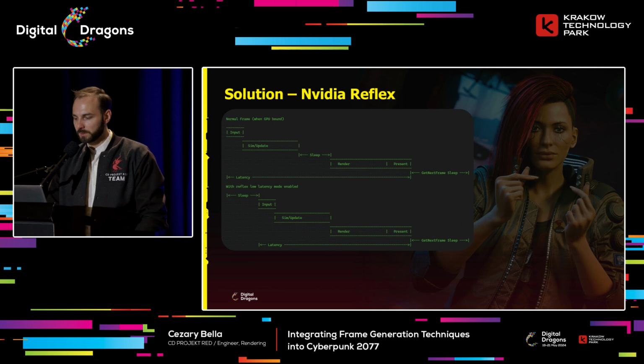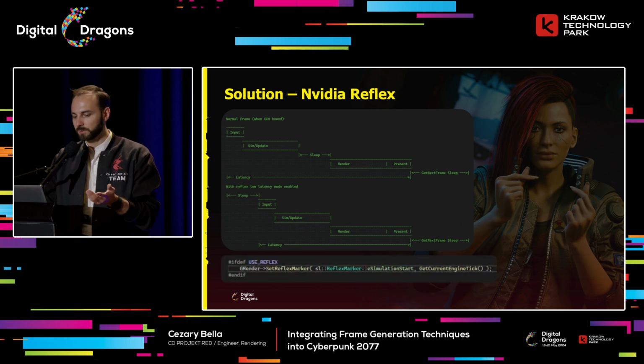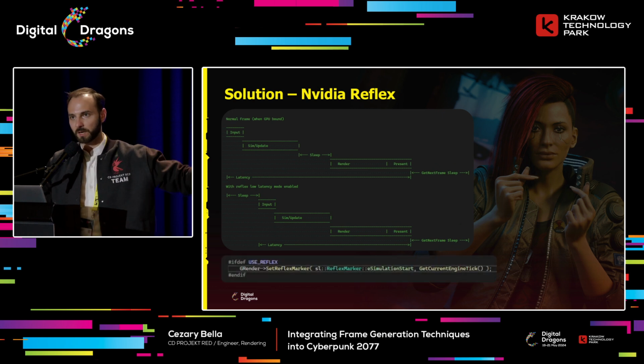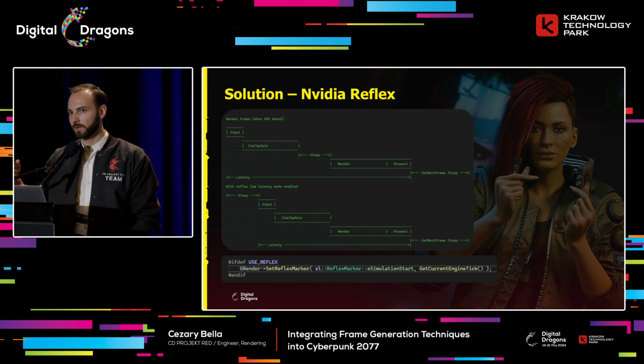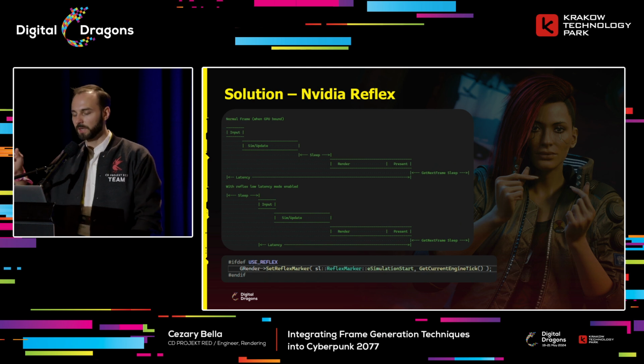And of course, how to use it, how to integrate it, it's really simple. That's actually a part of our engine, but under the hood, it's just a pass-through function with a little bit of validation. So basically, we just set a reflex marker saying that, okay, in here we're doing the simulation start, but in there we're doing simulation end.